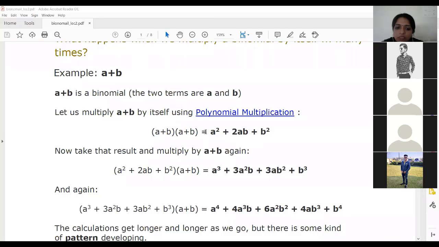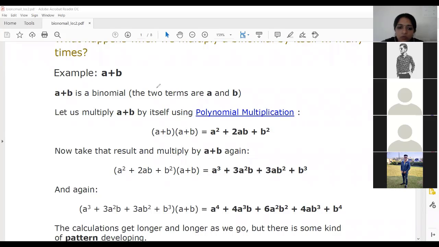The answer of a plus b into a plus b is a square plus 2ab plus b square. So a square plus 2ab plus b square into a plus b. If we multiply these two brackets, we get a cube plus 3a square b plus 3ab square plus b cube.